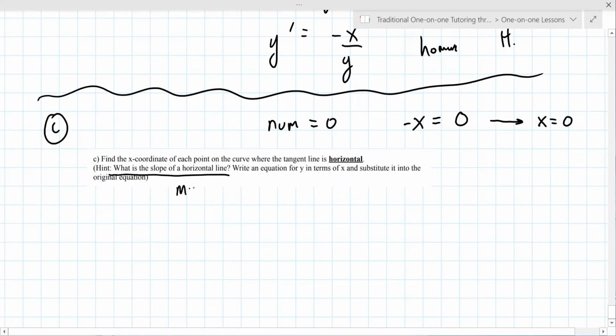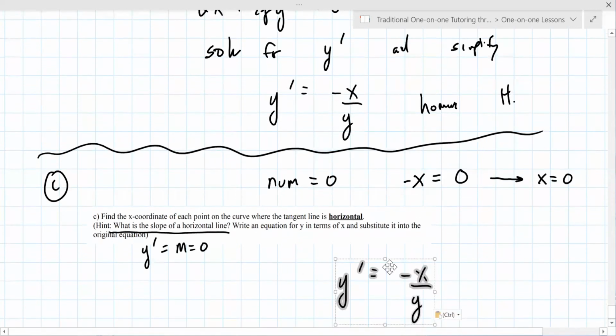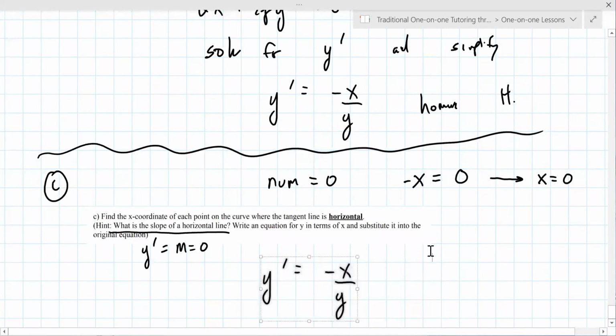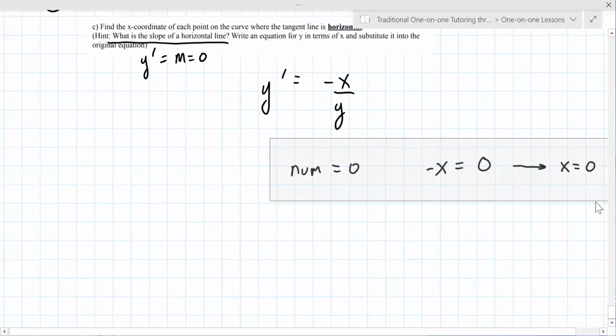It's when the slope equals 0, which is when the derivative equals 0. So this is your derivative, the y prime. That's why you set the numerator equal to 0. Oh, right. Okay, so that's where you're trying to find the points.